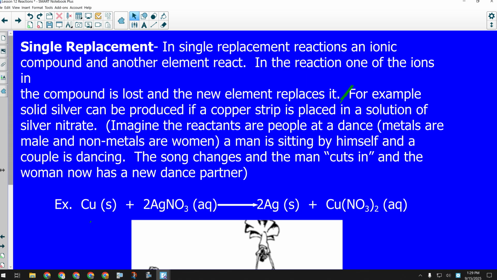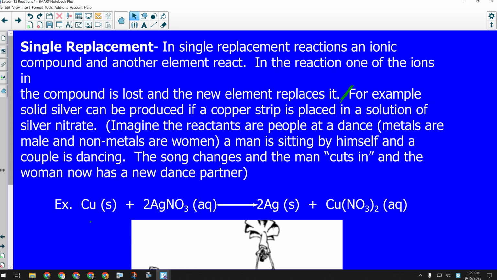When this reaction is done, we now have silver by itself. And copper is now in the ionic compound with nitrate. It bumped the silver out. It replaced the part that it was like. It replaced the metal part of that ionic compound. So this reaction involves a piece of solid copper in a solution of silver nitrate. And what do I get as a product?